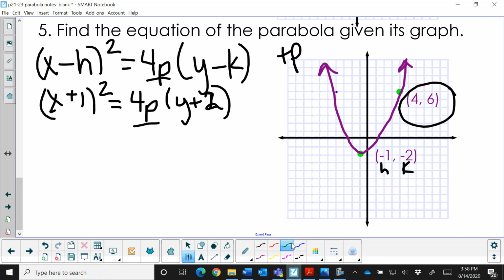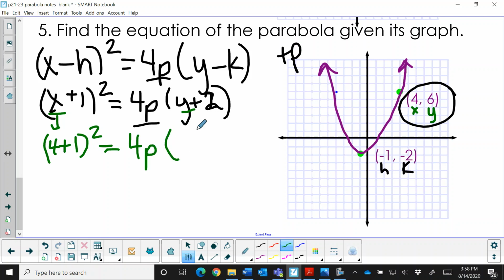And what do we know about a point? The first position is an x-coordinate, and the second position is a y-coordinate. So that means I can plug in 4 for x and 6 for y into this equation, and then I'll be left with one variable. So let's plug in a 4 here, so 4 plus 1 squared is equal to, we don't know p, so bring that down.